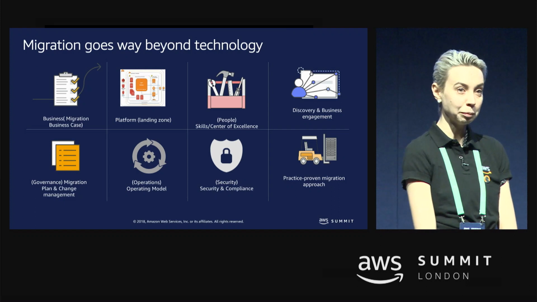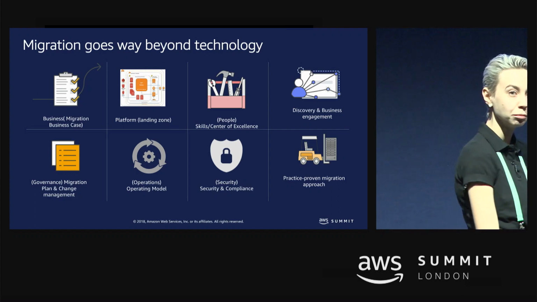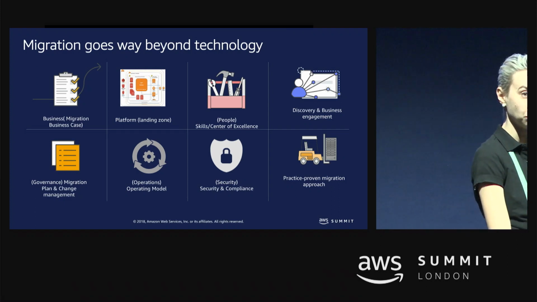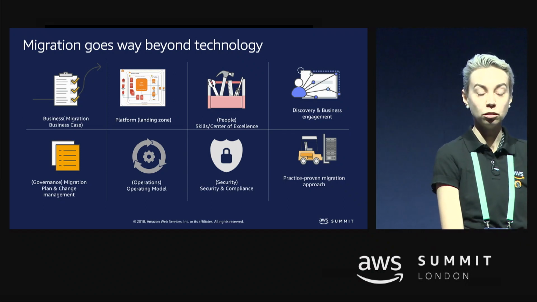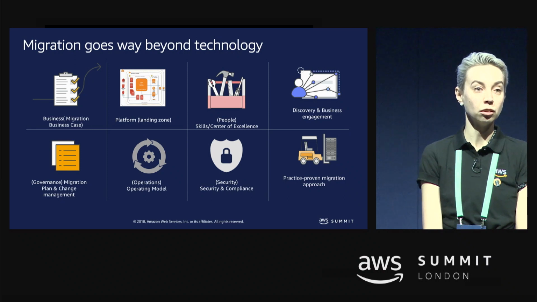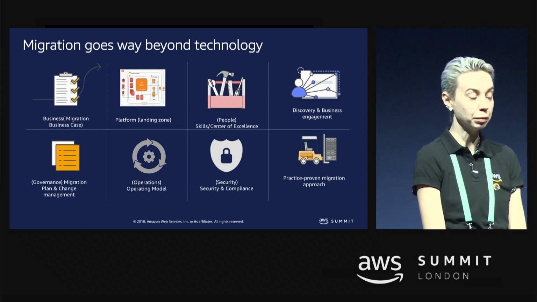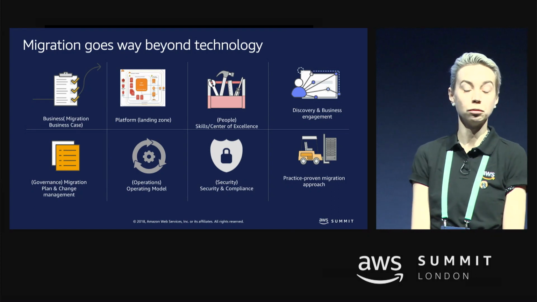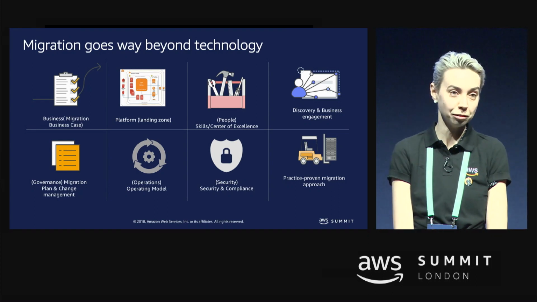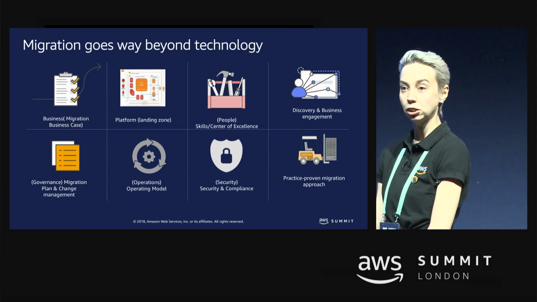And for people perspective, we have skills and cloud center of excellence, with all the conversations about new roles, new skills, and all the training courses that should be in place. For platform part, we have the landing zone or a platform to put our applications on.